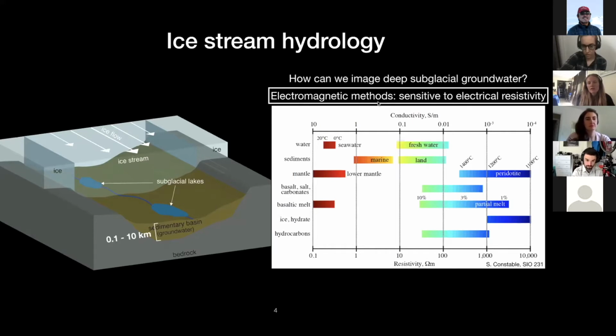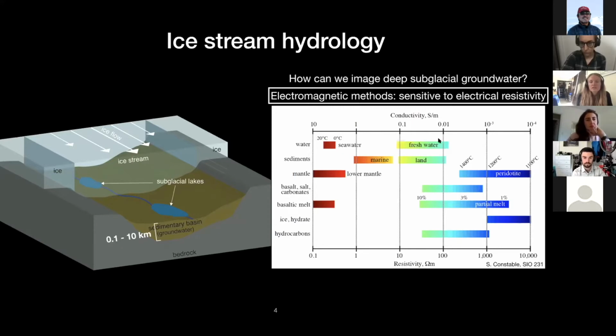So here I'm showing electrical resistivity, which is primarily what electromagnetic methods are sensitive to. And here we just have resistivity on the bottom x-axis and conductivity, which is just the reciprocal, on the top x-axis. And we can see that for a variety of earth materials, electrical resistivity spans several orders of magnitude.